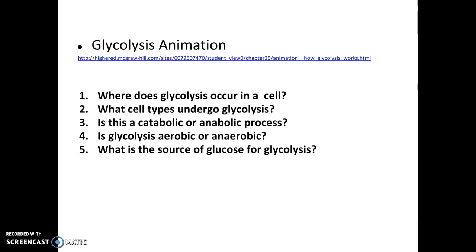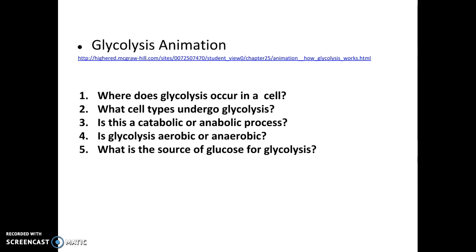And it's going to break down glucose, a six carbon chain, into pyruvate, a three carbon chain.